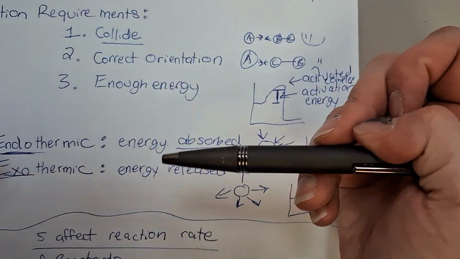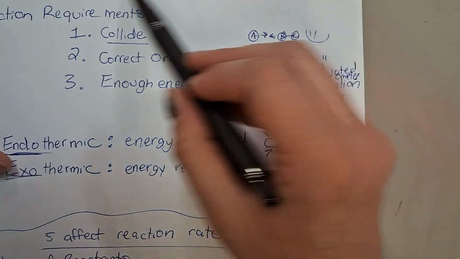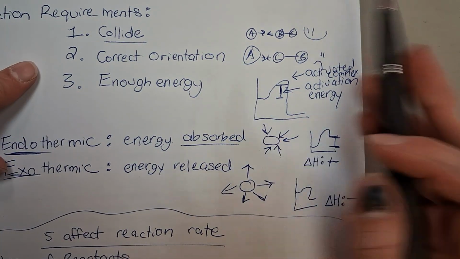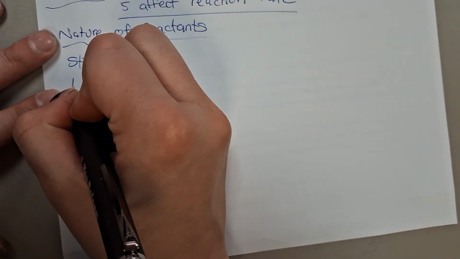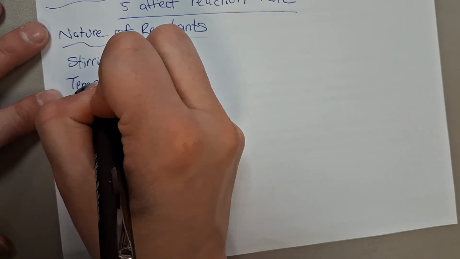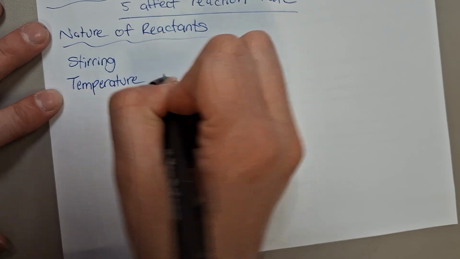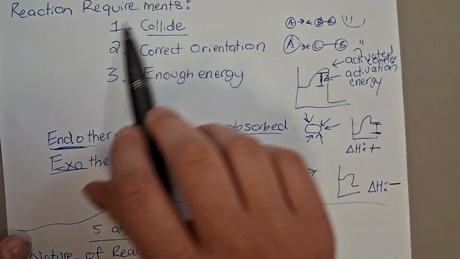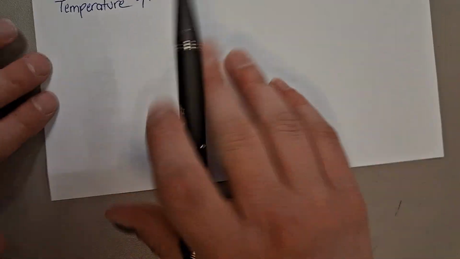So what does stirring do that helps the reaction happen faster? After stirring, we have temperature, and that is a temperature increase that's going to make it go faster. Decrease, make it go slower.